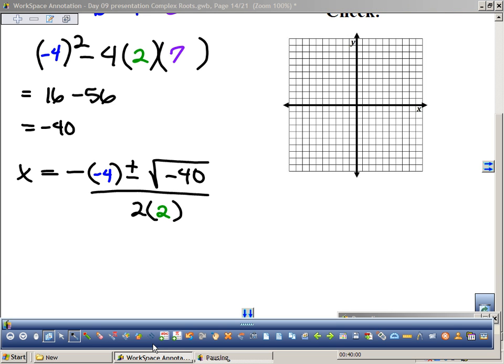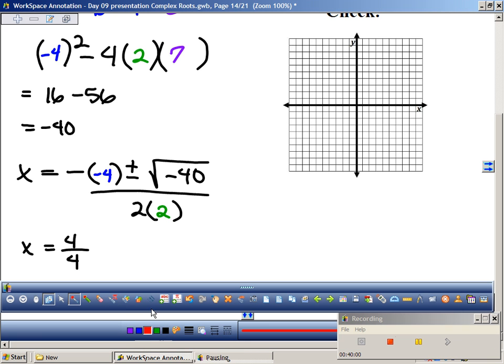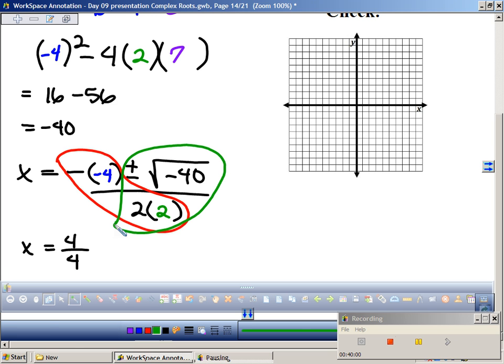So I have a negative times a negative is a positive. So x equals positive 4 over 4. I'm splitting them up. Because this is my axis of symmetry. And this is how far I'm going over. Okay.